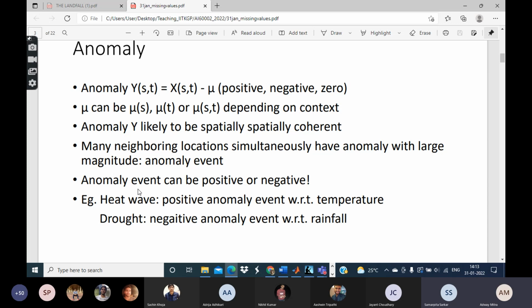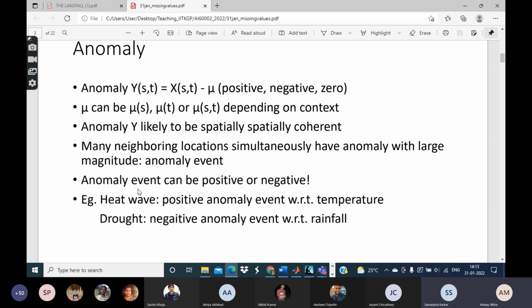Then it's very likely that the surrounding regions are also going to have a positive anomaly of the temperature. Now, the magnitudes of this anomaly may be different in the different locations, but the signs usually tend to agree. Okay?